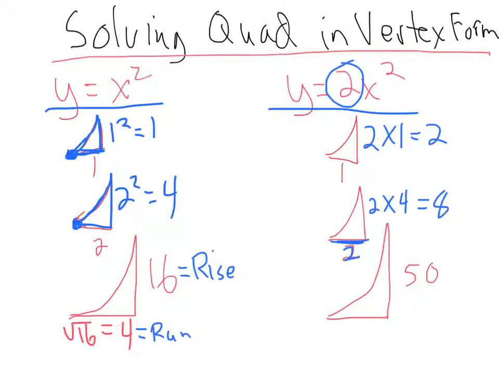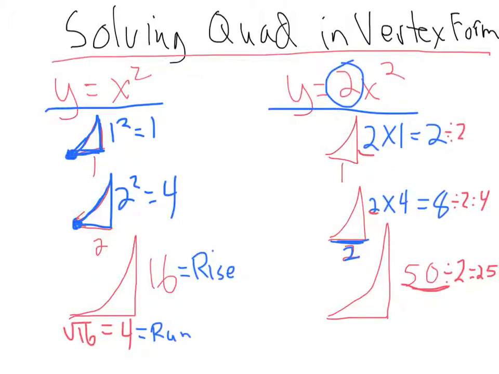So now if we look at it from the other perspective, if I know this is 2x squared, and I know that my rise is 50 and I'm trying to figure out my run, the first thing I'm going to have to do is divide by the a value of 2 to get 25. Because here I would need to divide by 2 to get 4.